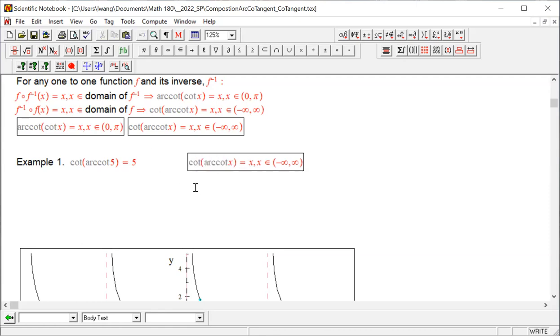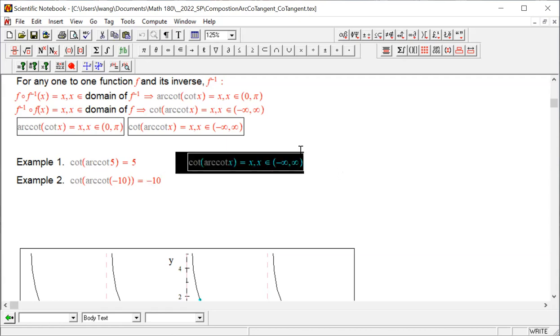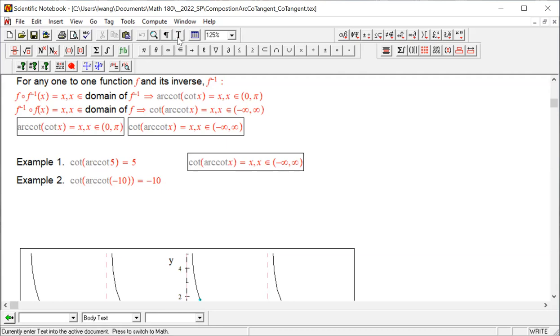And so here it's 5. It's very straightforward. Example number 2. Suppose I have cotangent of arc cotangent of, say, -10. What would that be? Well, the answer is -10. Still the very same thing, for the very same reason.